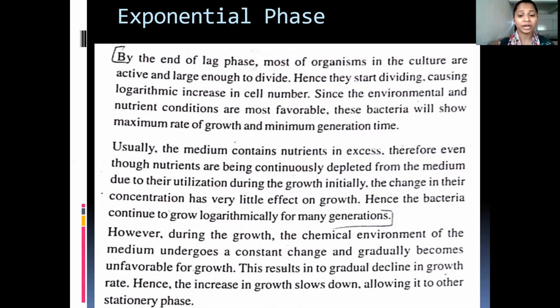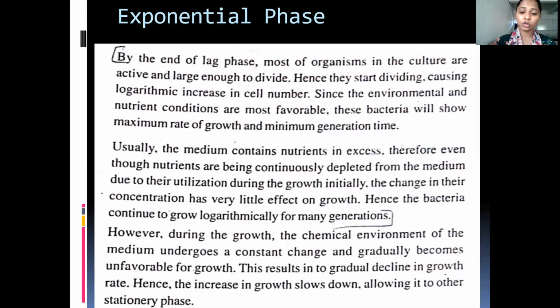Usually, the medium contains nutrients in excess. Therefore, even though nutrients are constantly being depleted from the medium due to their utilization during growth, initially the change in their concentrations has very little effect on the growth. Hence, the bacteria continue to grow logarithmically for many generations.